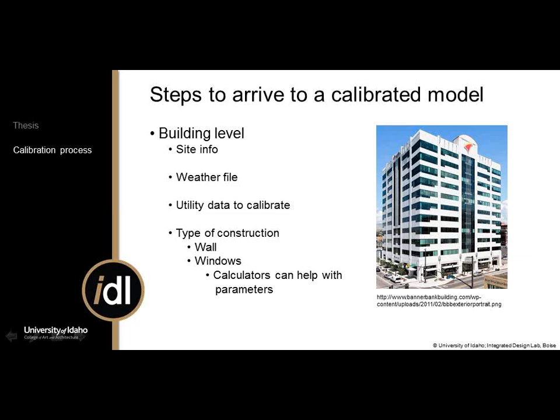So type of constructions, walls, windows, you can get that from the architectural plans. And for window specifics, there's calculators out there that help a lot to get the actual solar heat gain of the window, the transmittance, the reflectance, and stuff like that. So that's what I use to calculate the specifics for Vanderbank building.